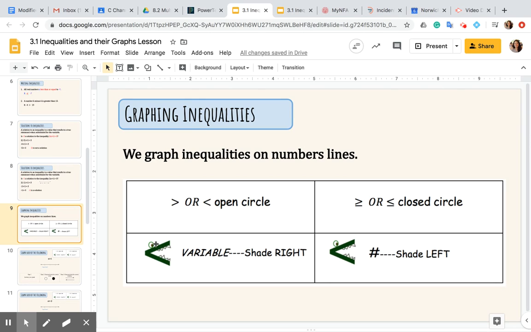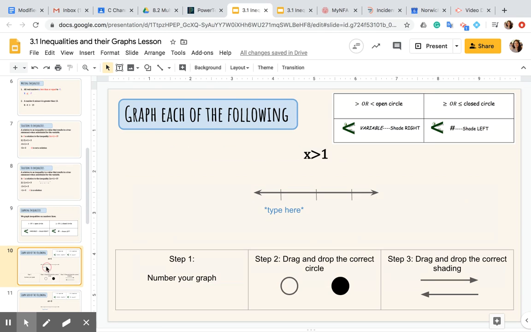If your inequality symbol, if you looked at it like a mouth, is eating the variable, shade to the right. If the inequality symbol is eating the number, shade to the left. None of this might make sense right now, but I'm hoping that as I do this and I refer to this table up here, you'll see what I'm doing here.